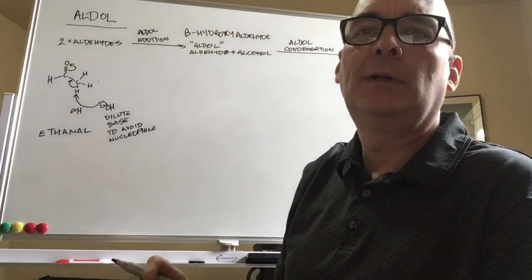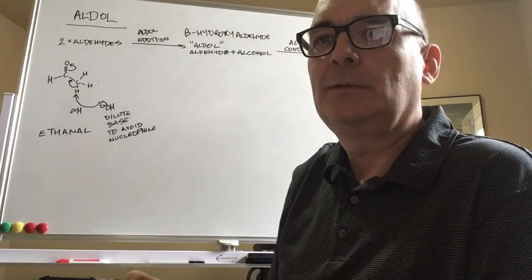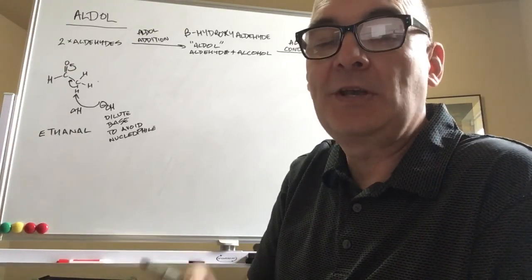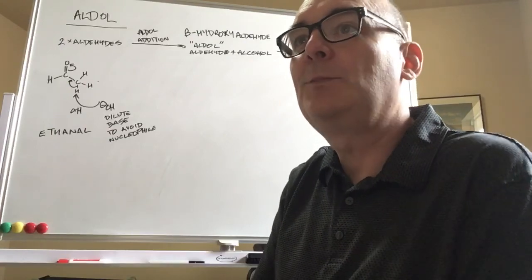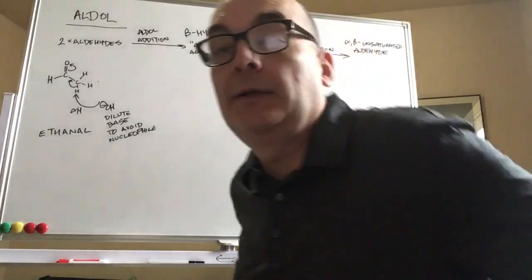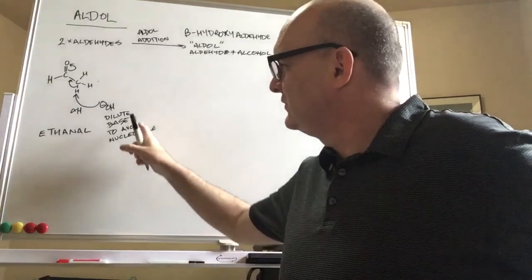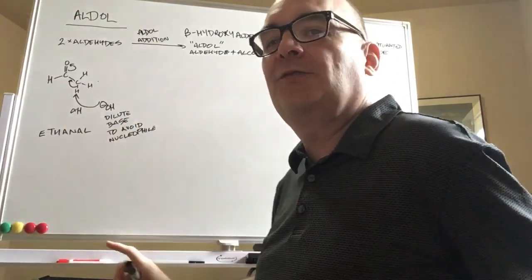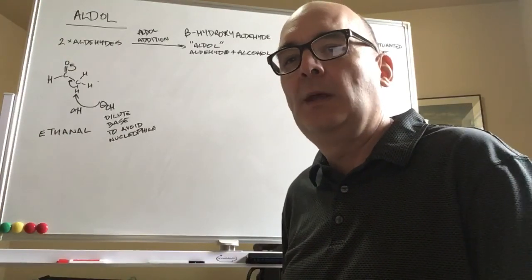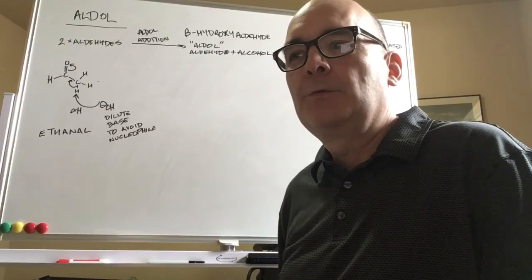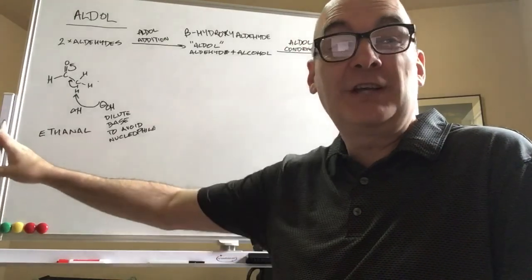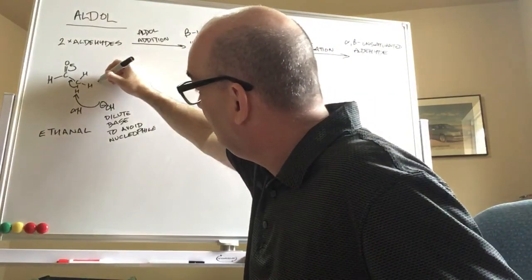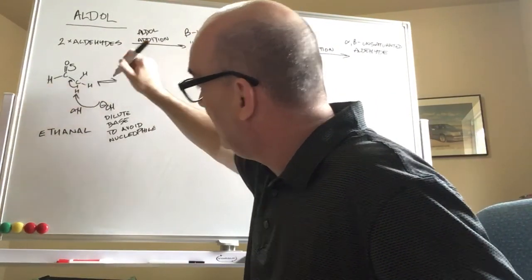Now, technically, all of the steps in an aldol can be undone because this is very, very dilute. I'm not really driving this reaction forward. There is a retro aldol that just does everything in reverse. So technically, these are equilibrium arrows.